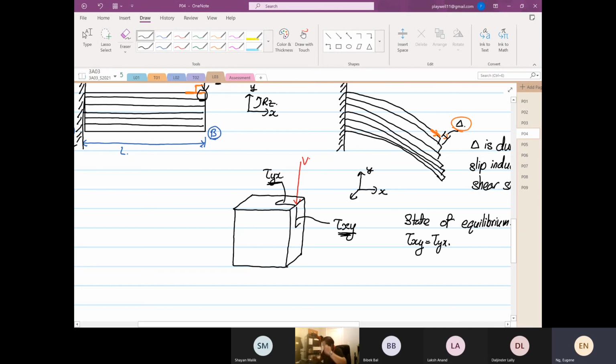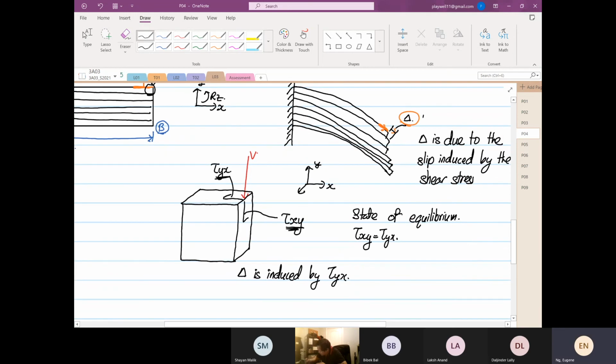The delta is induced by shear YX, and it happens that shear YX is equal to XY.